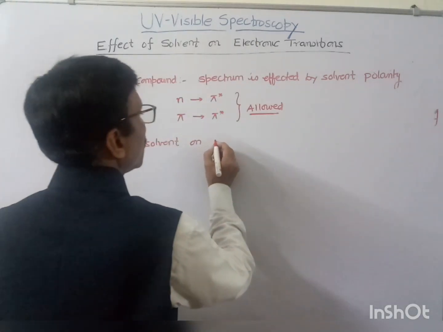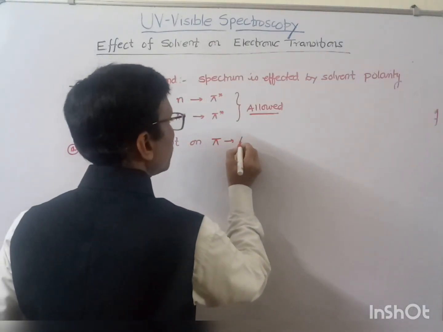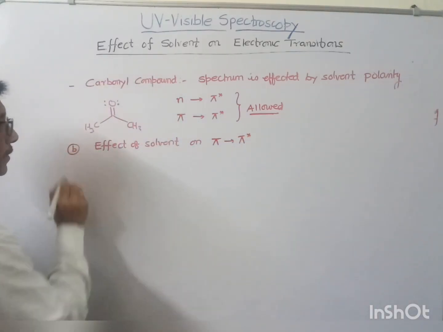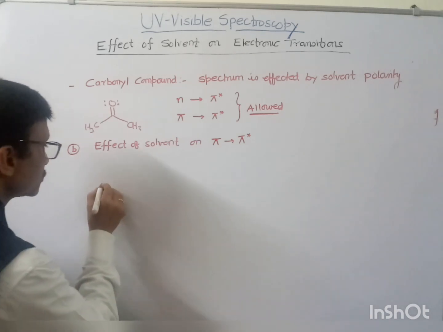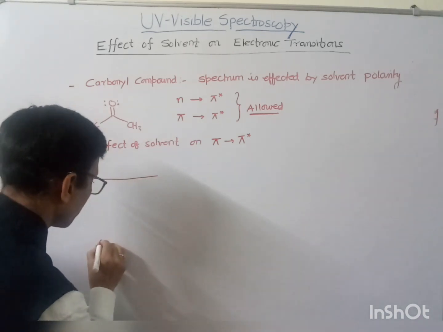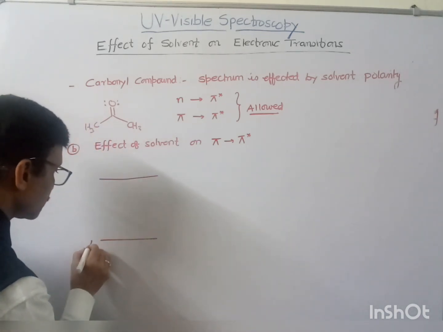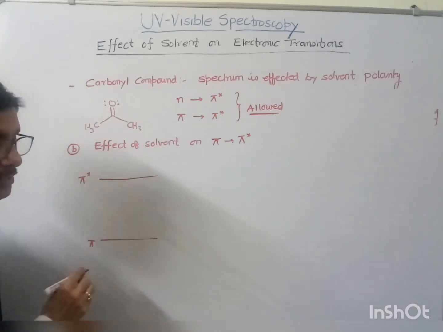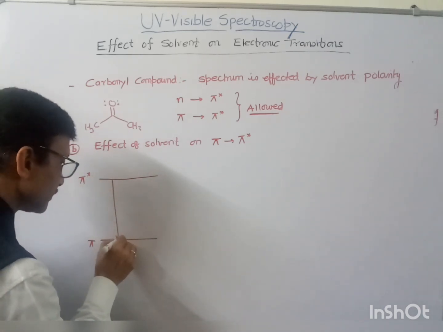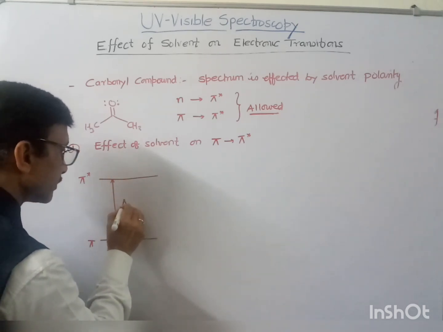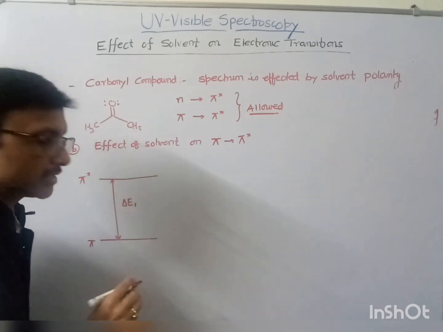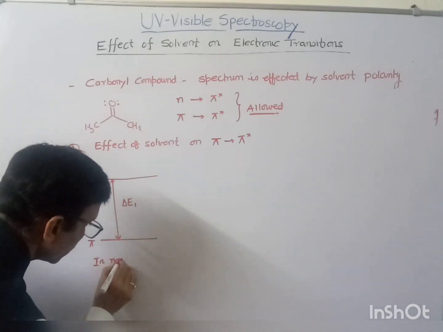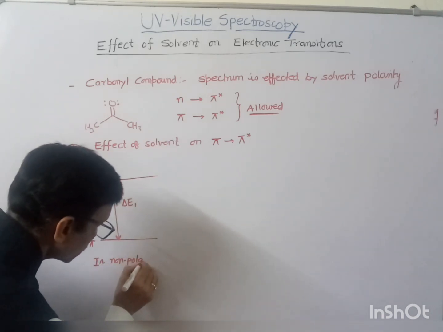Suppose this is the pi molecular orbital, this is the pi star molecular orbital, and this is the energy difference when the transition is taking place in a non-polar solvent.